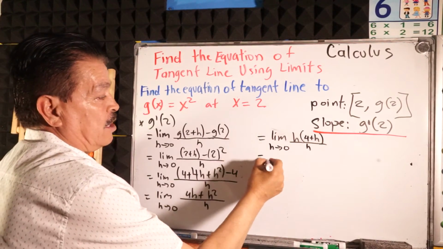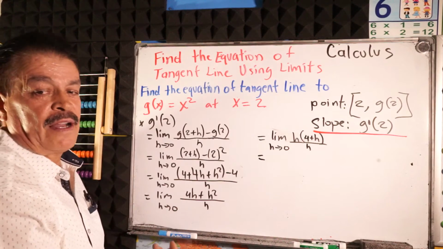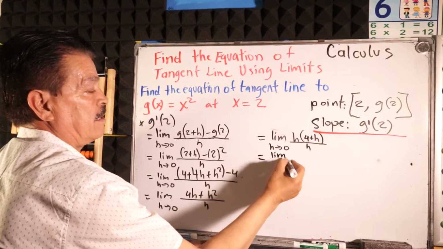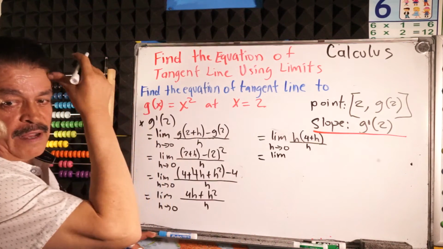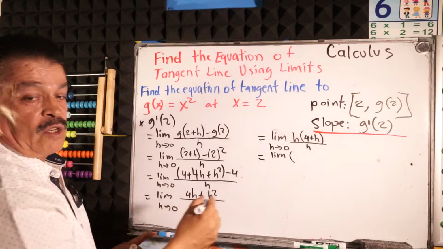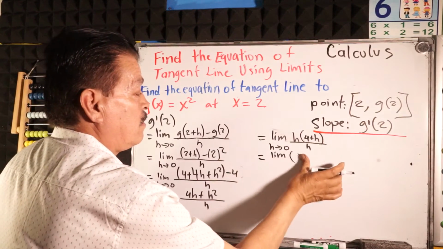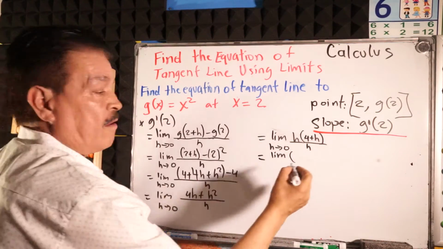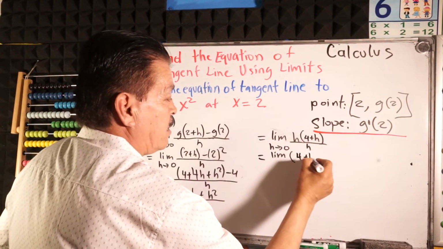Now you simplify that: we have the limit of 4 plus h.